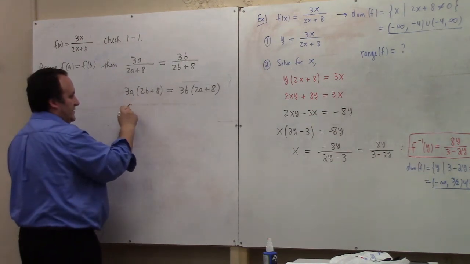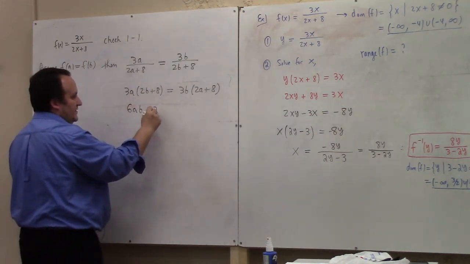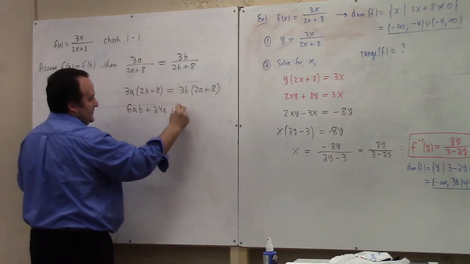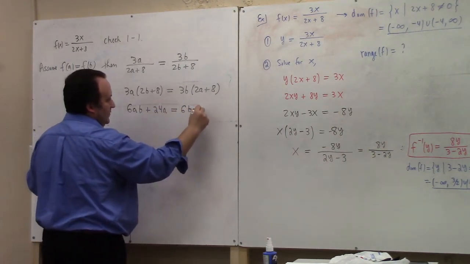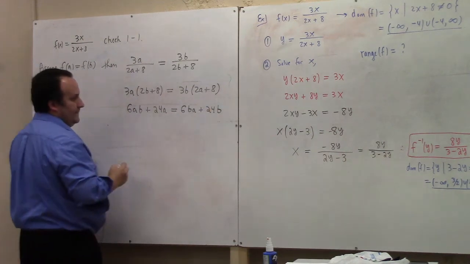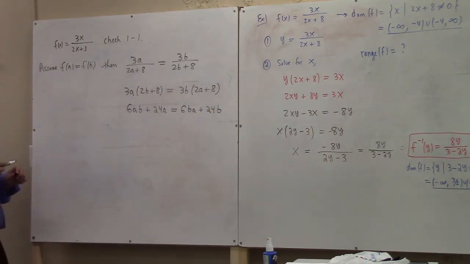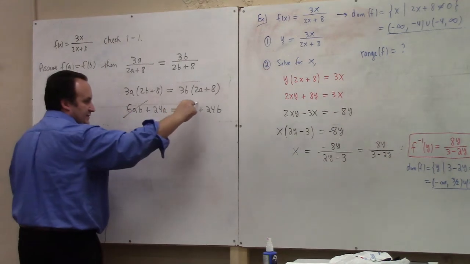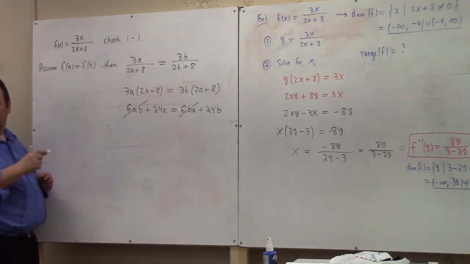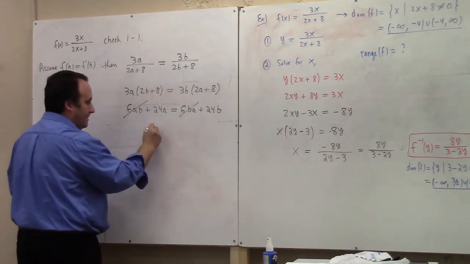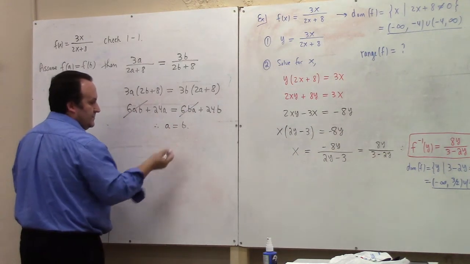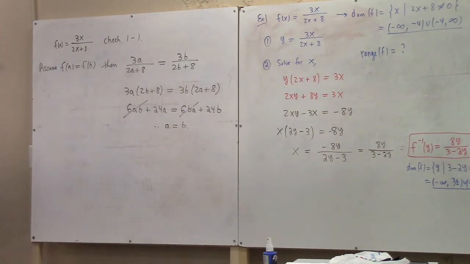We get 6ab plus 24a equals 6ba plus 24b. So we can cancel this term and that term, right? Divide by 24, a equals b. So that algebra shows that this is a one-to-one function. If the outputs are equal, then the inputs must be the same.